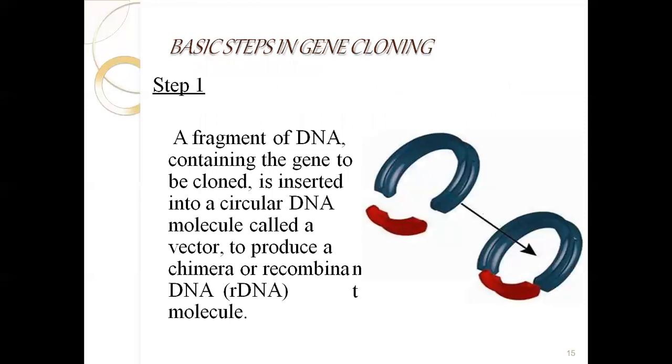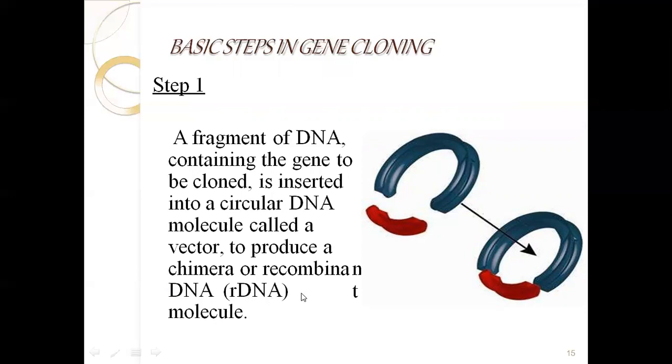Here in the steps of gene cloning, first of all, in recombinant DNA technology, the first thing is that the gene needs to be cloned in a vector. So in step one, you can see this is the circular bacterial genome. A fragment of DNA containing the gene to be cloned is inserted into the circular DNA molecule called a vector to produce the chimera or recombinant DNA.